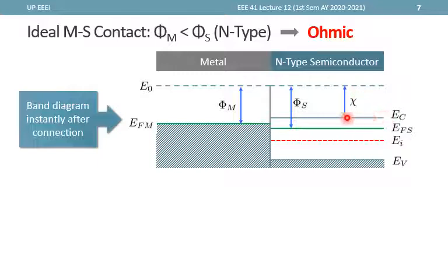Then relative to EC, we can draw Ei, EV, and EF given the doping concentration. So again, this is consistent with the case we're considering, that Vs is greater than Vm.